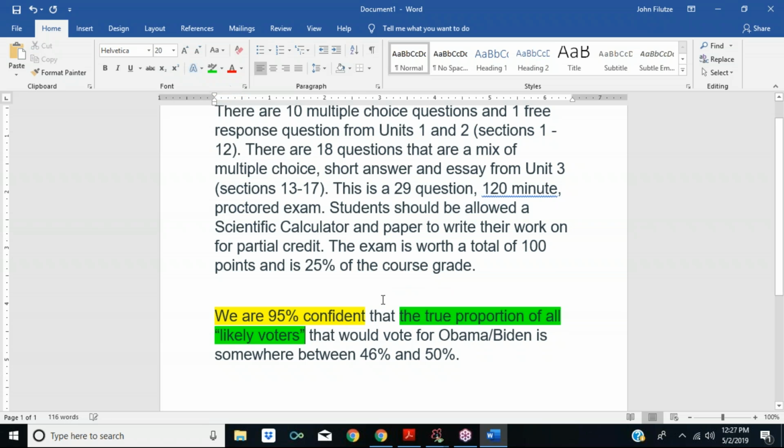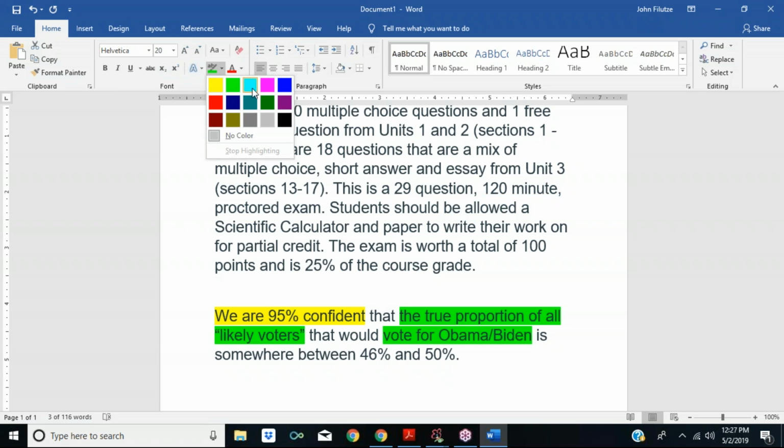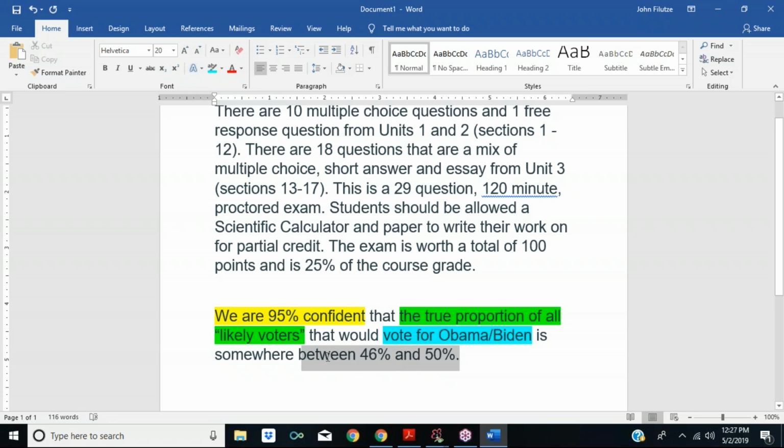Here's the second part. Here's the third part. And there's the fourth part. Okay, so we have these 4 parts that need to be included when we make our statement about one of these polls using the confidence interval.